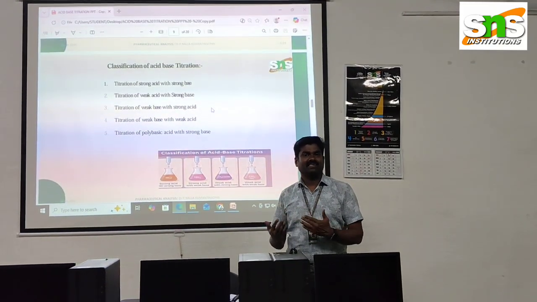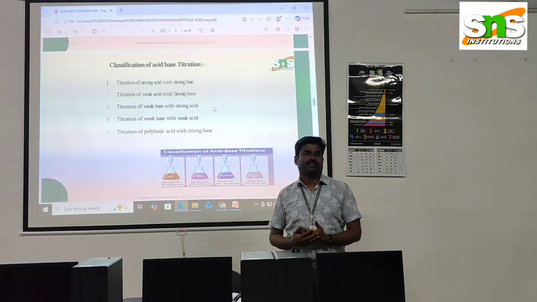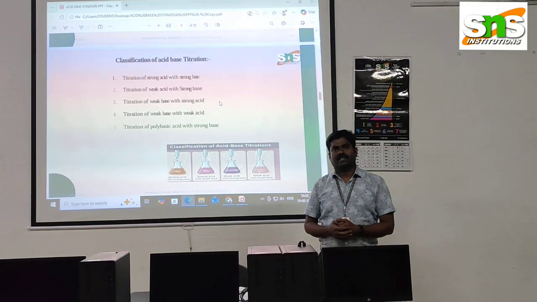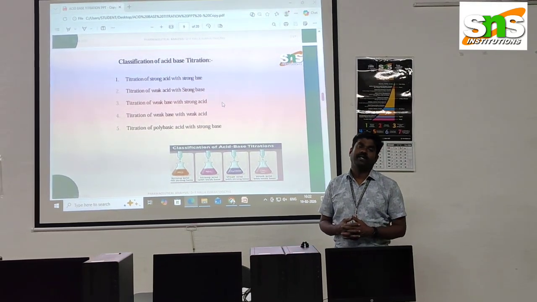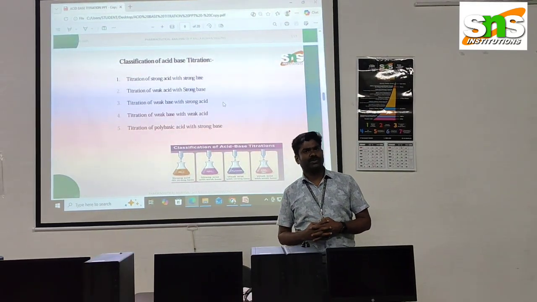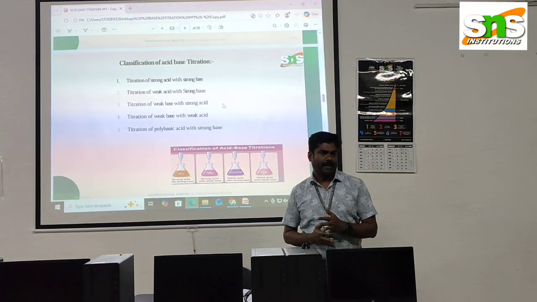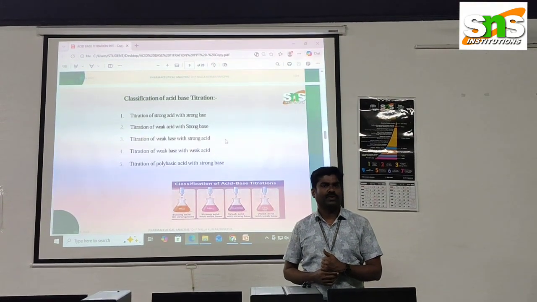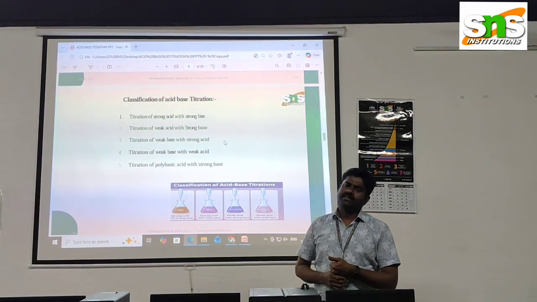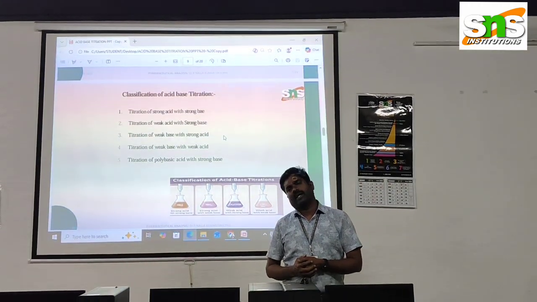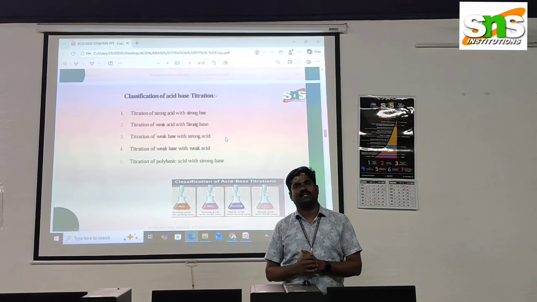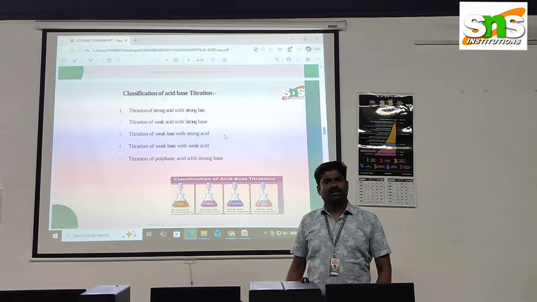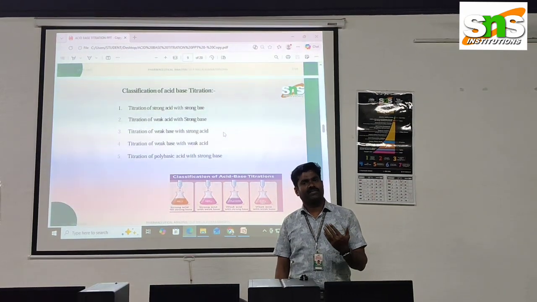These acid base titration types we are going to see today. Acids normally have a pH range of 1 to 6.9, and bases have a pH range of 7.1 to 14. Depending upon the pH, we can classify an acid as a strong acid or a weak acid.